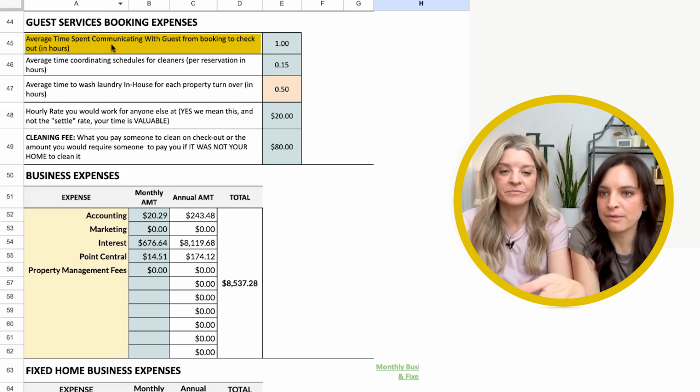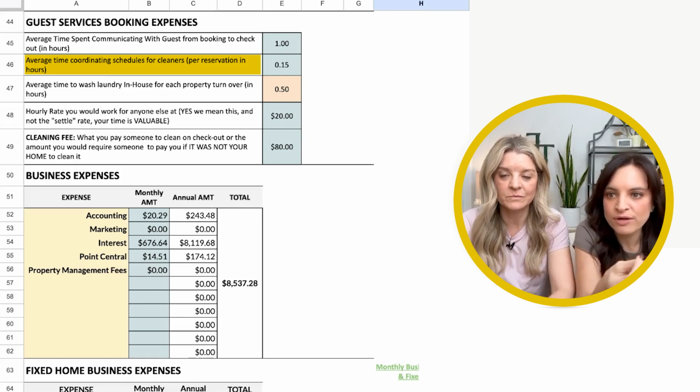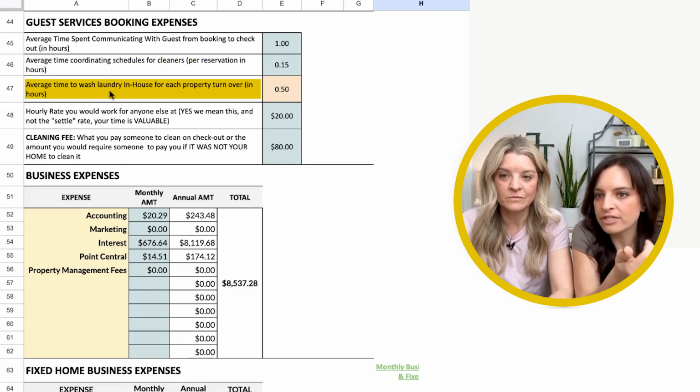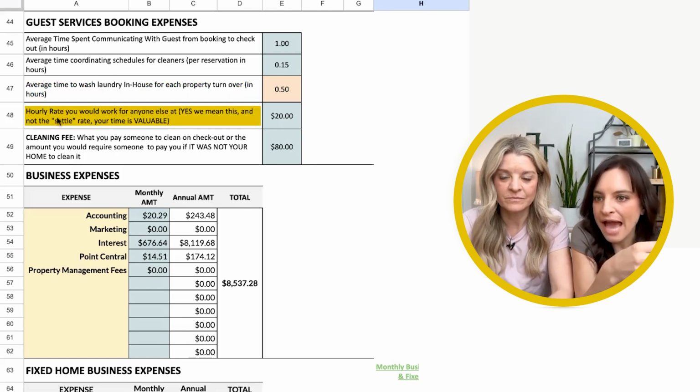Like average time spent communicating with the guest from booking to check-in in hours, average time coordinating schedules for the cleaners per reservation in hours, average time to wash the laundry in-house for each property turnover in hours. We have the hourly rate you would work for anyone else.